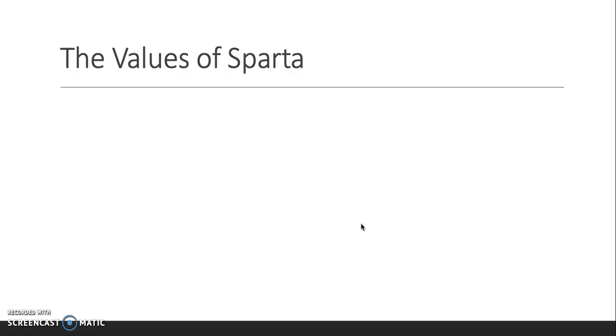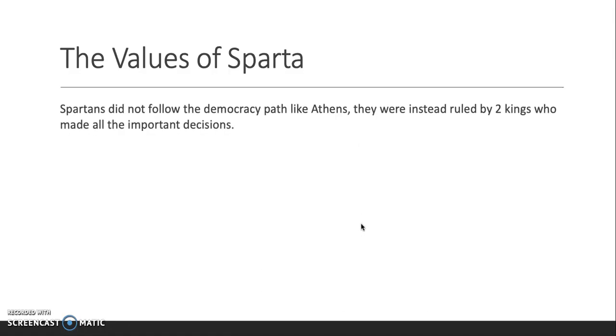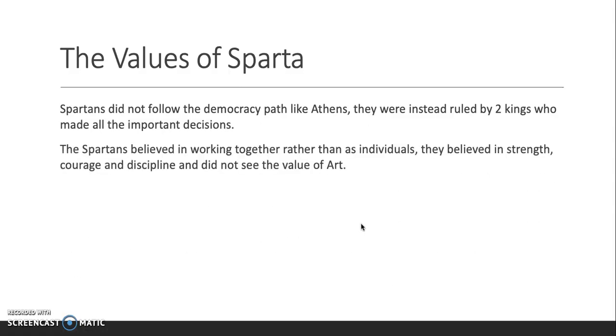So again, we're going to look at the values of Sparta. Have a good think about if there's anything that you spot with regards to any similarities or differences to the Athenian people. The Spartans did not follow the democratic path like Athens. They were instead ruled by two kings who made all the important decisions, such as money and laws. The Spartans believed in working together rather than as individuals.